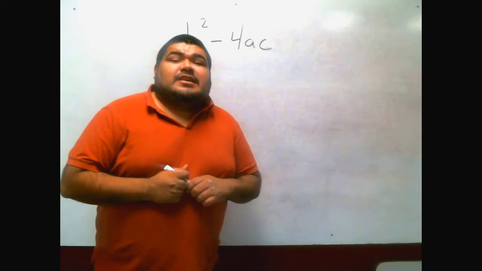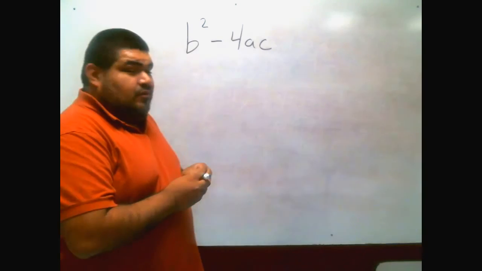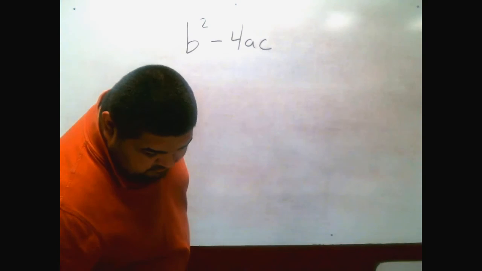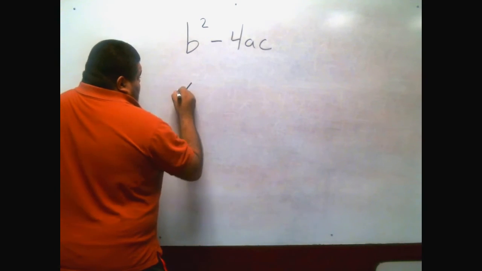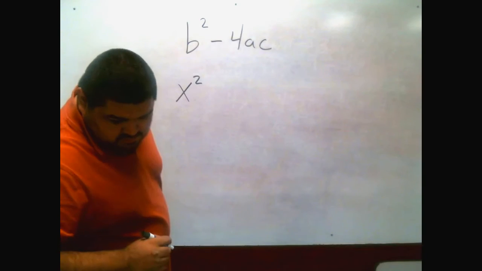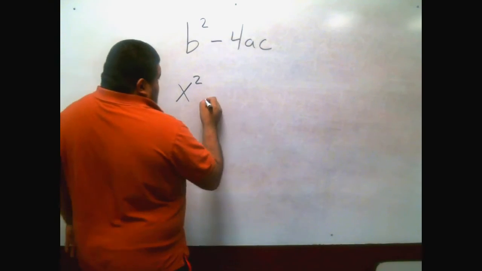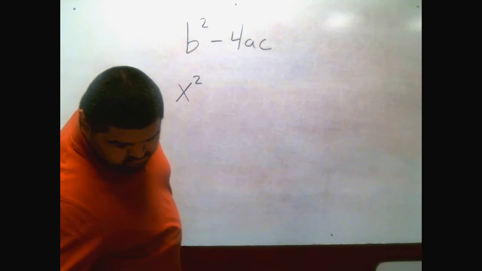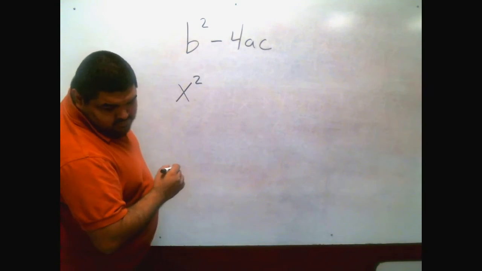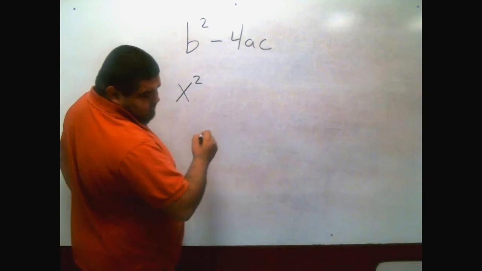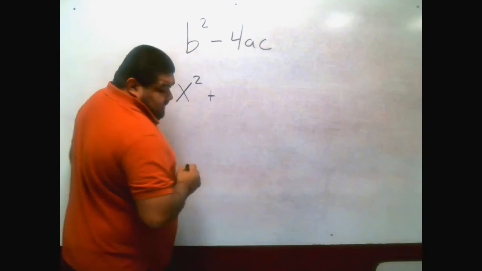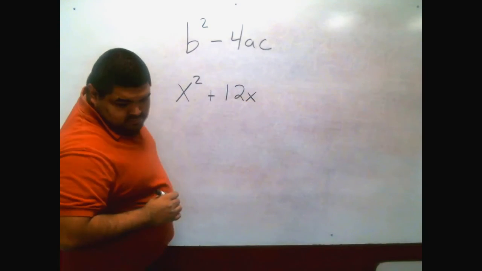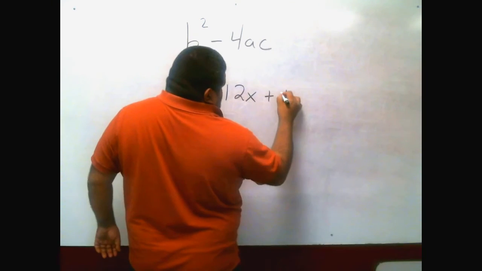Alright, the assignment for today is, again, you're finding the discriminant of the following problems. The problems are: x squared plus 12x plus 4.